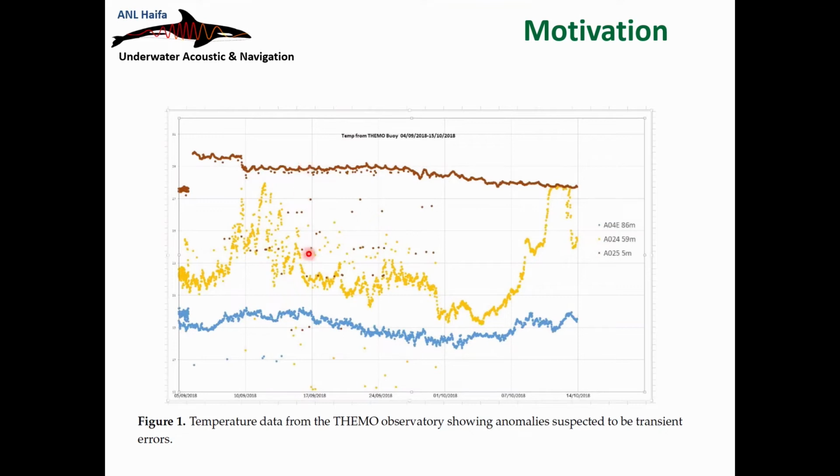Whenever there is a spike in the data, we want to see if that spike also happened in other sensors. If it does, then this is a real phenomenon, and we don't want to mark it as an outlier. If it doesn't, and the sensors are related, we may mark it as an outlier. So that's the basic idea.